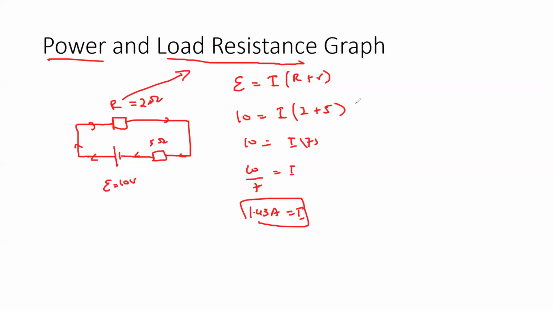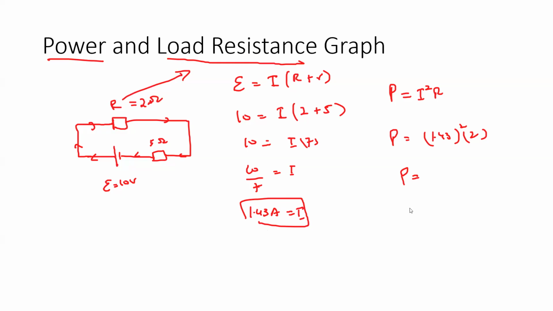So we have 1.43 ampere, and what about the power? P equals I square R, because we know the current and we know the resistance. So it will be 1.43 square times the resistance, which is 2.